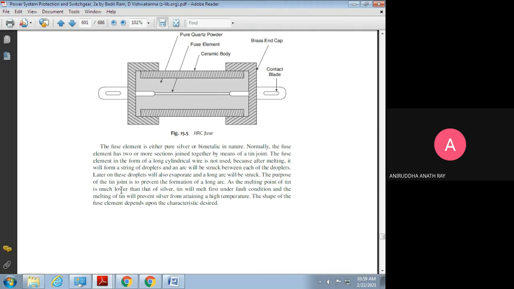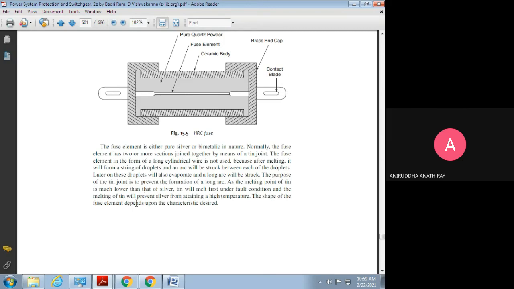The melting point of tin is much lower than that of silver, so the tin melts at a lower temperature than the silver. Tin will melt first under fault condition, and the melting of tin will prevent the silver from attaining high temperature.